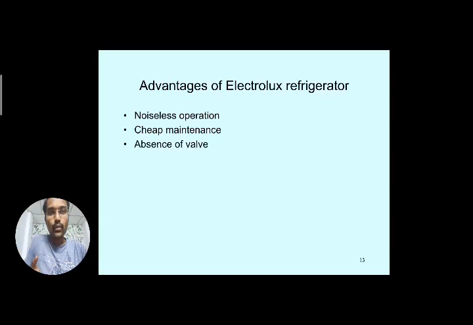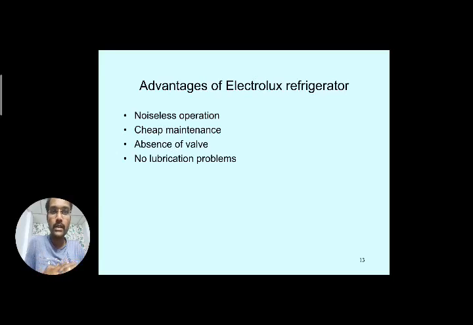Then the absence of valves, no need of any valves. For example, with a compressor there are some valves and ports provided. No need of all those things here, like an expansion valve also, which can be eliminated in this.